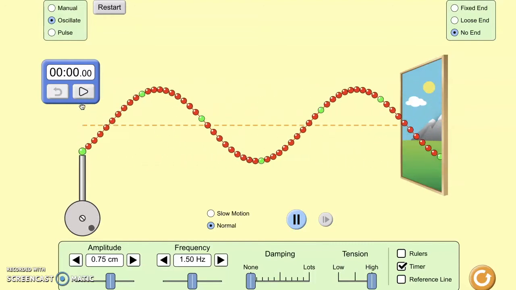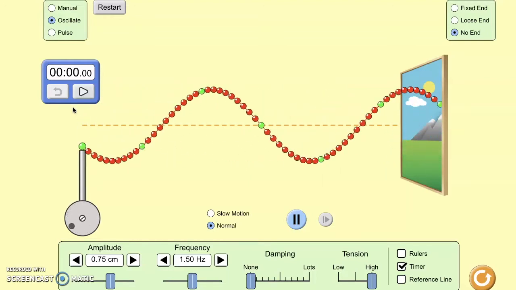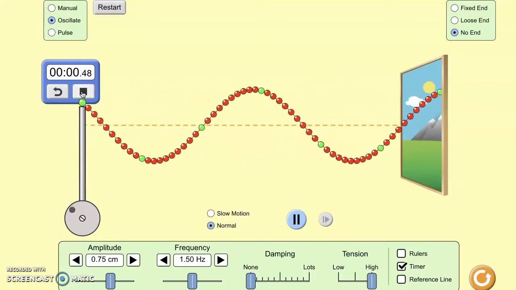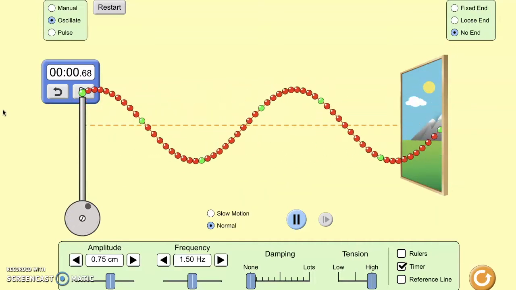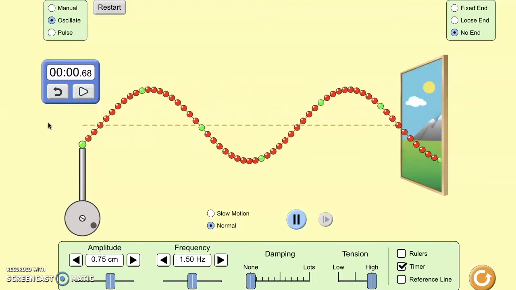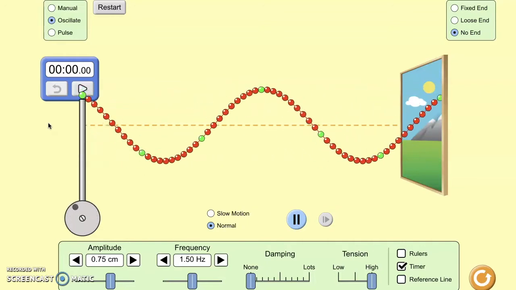When it touches the play button 2 times in a row, that would be one wave being created. So here we go. Ready, set, go. Ooh, about 0.68 seconds. So that would be the period of this wave, the amount of time it takes to create 2 crests.